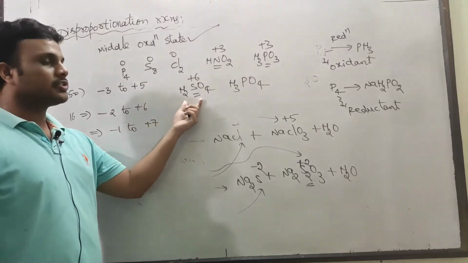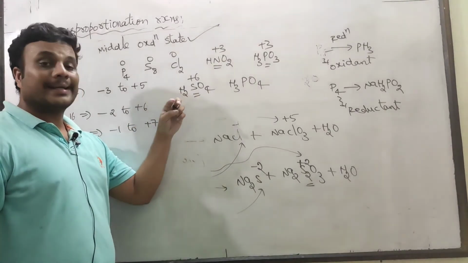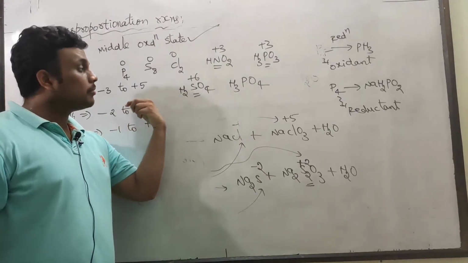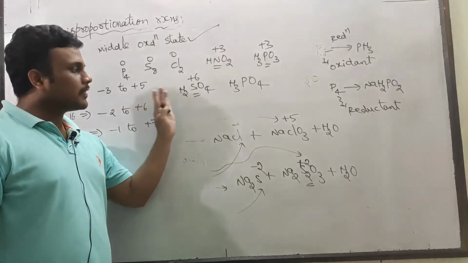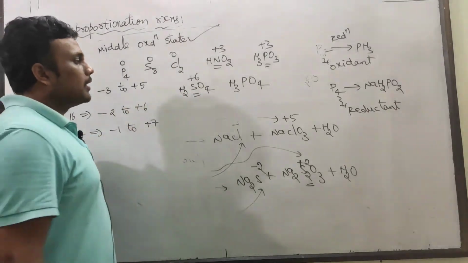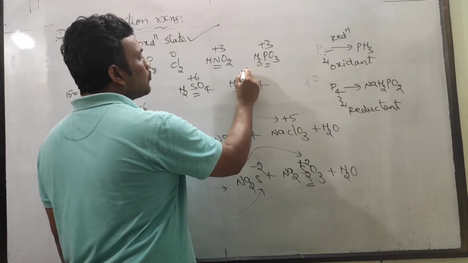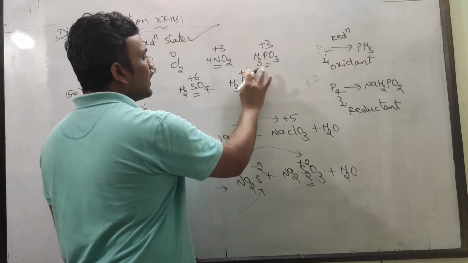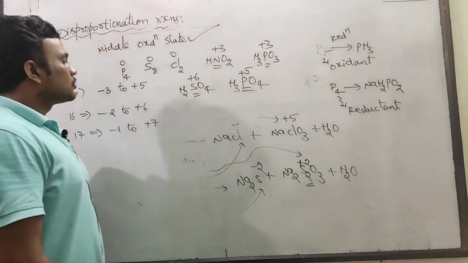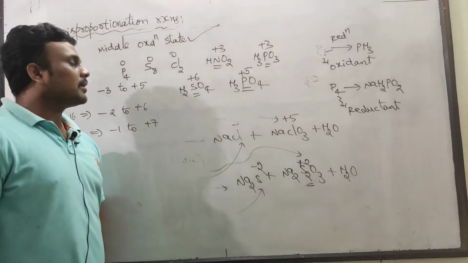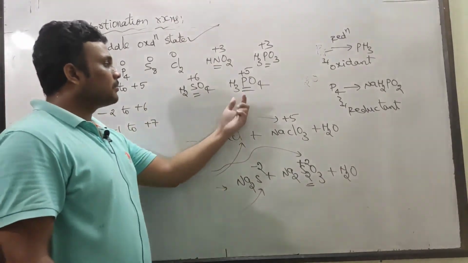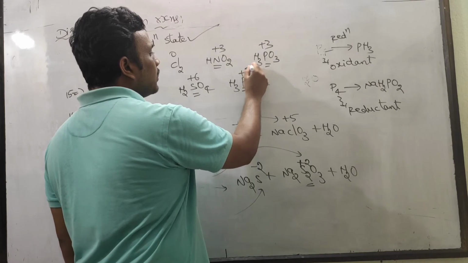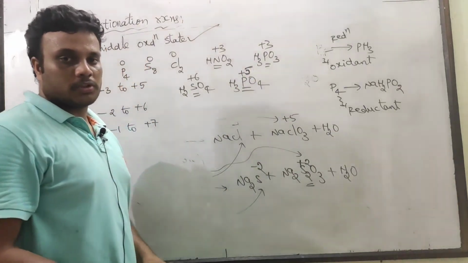For group 16 the highest is +6, so it cannot exceed 6. That's why sulfuric acid does not undergo disproportionation. Phosphoric acid is in the +5 oxidation state, the highest for group 15, so further oxidation is not possible.